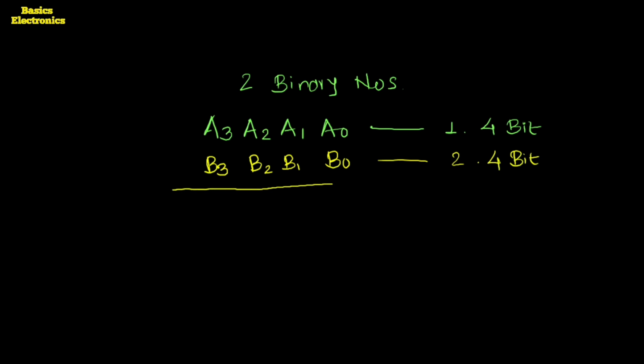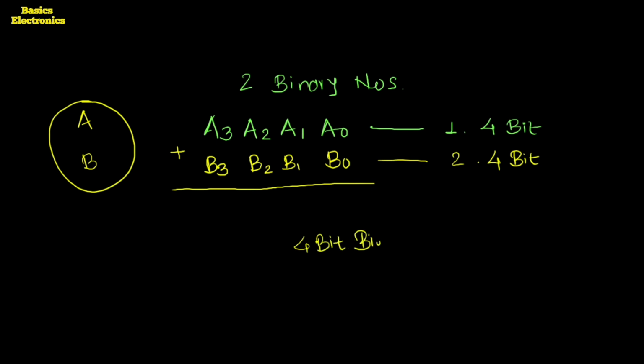The first number we call number A, and the second number we call number B. If we have to perform the addition of these two numbers, it can be performed by using the 4-bit binary adder.